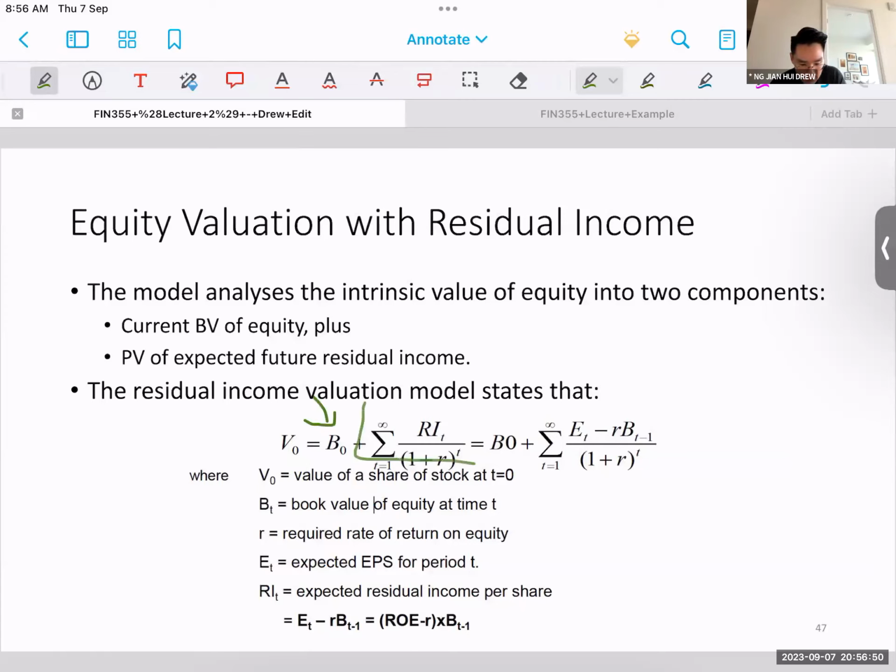And this component is the residual income that we calculated earlier. So we have a book value plus your summation of residual income. Summation is the residual income for year 1, year 2, year 3, year 4. You add it up together, and it gives you the value of the firm. So there are two components: book value and then the present value of the residual income.